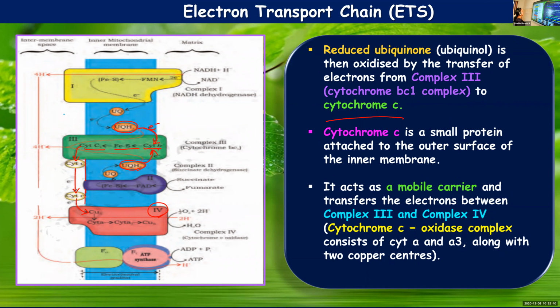Cytochrome BC is complex 3. And from complex 3, the electrons will be transported to complex 4 via cytochrome C. What is cytochrome C? It's a mobile carrier, which helps in transferring electrons between complexes 3 and 4.